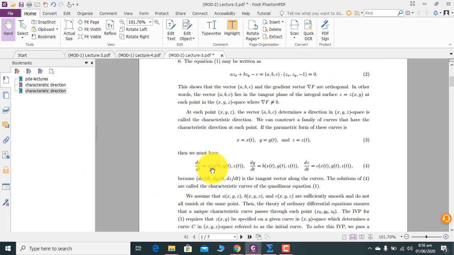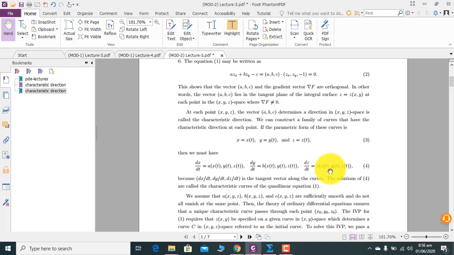Similar to that, since the components of the integral curve by definition are components of the tangent, in order to see the direction you have to take the derivative of that curve. So the tangent vector will have components x', y' and z', but these must be identically equated with A, B and C, because (A, B, C) is a vector field which has an integral curve whose name is capital C and whose parametric form is given as in equation 3.